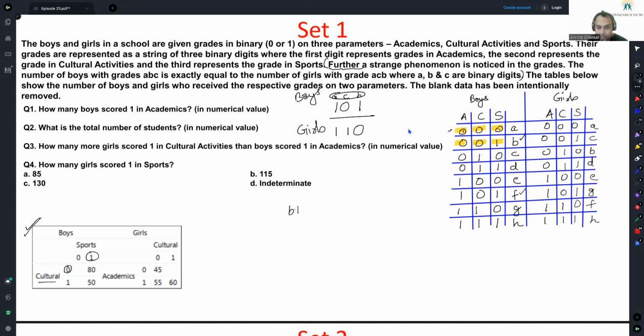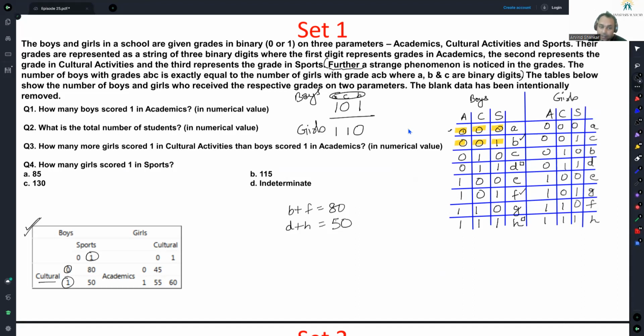So we are told D plus F is equal to 80. Now, people who got 1 in cultural and 1 in sports, they would be D and H. So D plus H is equal to 50.